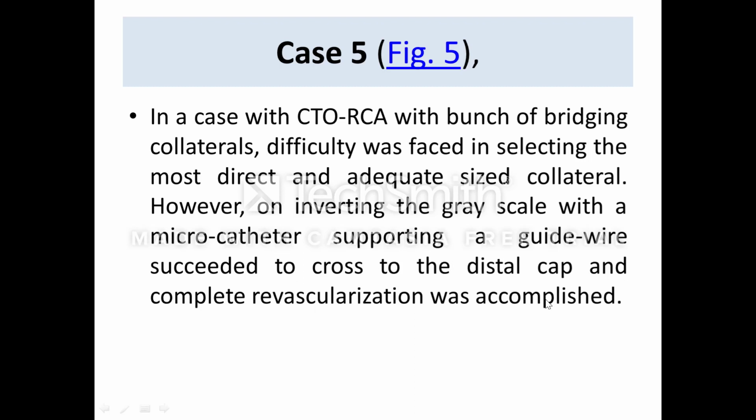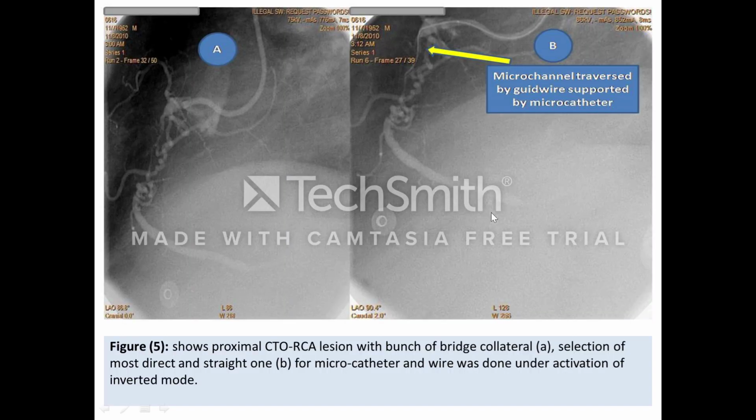As we see here, this is the catheter engaging the right coronary artery, and as we all see here, there is a bunch of bridging collaterals along a long mid to proximal CTO segment. It was very difficult to select the appropriate and sizable microchannel to cross through.